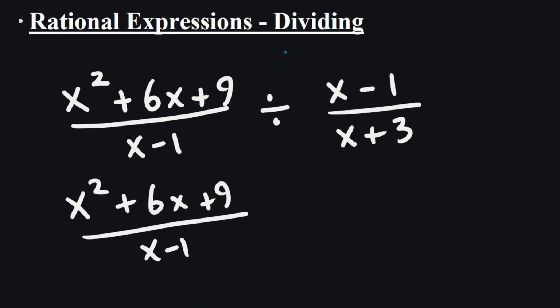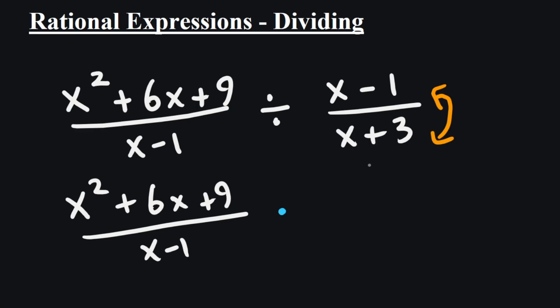We change this division to times, and we take the reciprocal of this. The reciprocal of a fraction is just the fraction flipped: the numerator and the denominator are swapped.